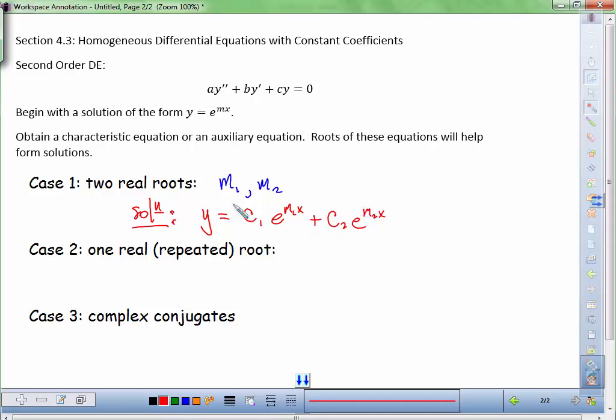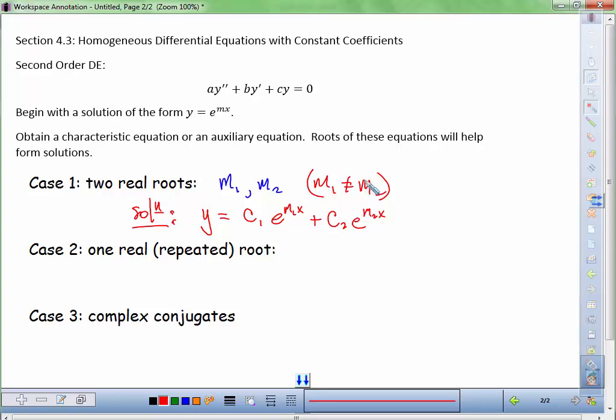So e to the m1x and e to the m2x are your two fundamental solutions. They're linearly independent because they are distinct. M1 is not equal to m2. They're two real distinct roots, and so they are linearly independent. And so the solution would just be a linear combination of those two fundamental functions.